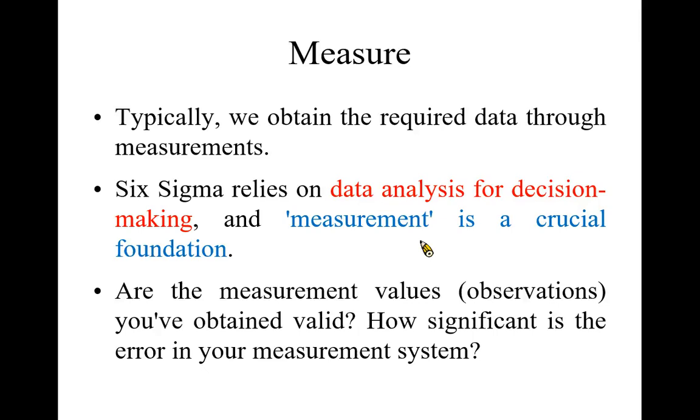Typically, we find some data through the measurement, and in Six Sigma, we make decisions based on the data analysis. So the measurement is very, very important. Just like in building an AI system, data quality is a very important foundation.